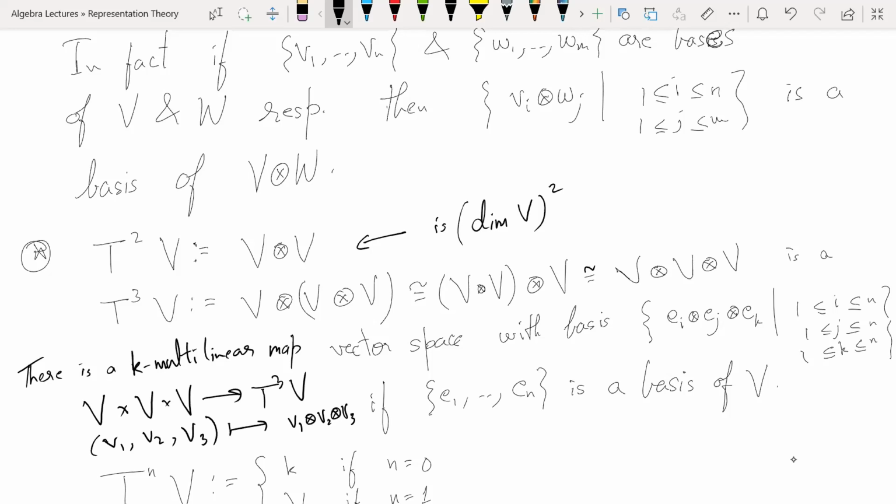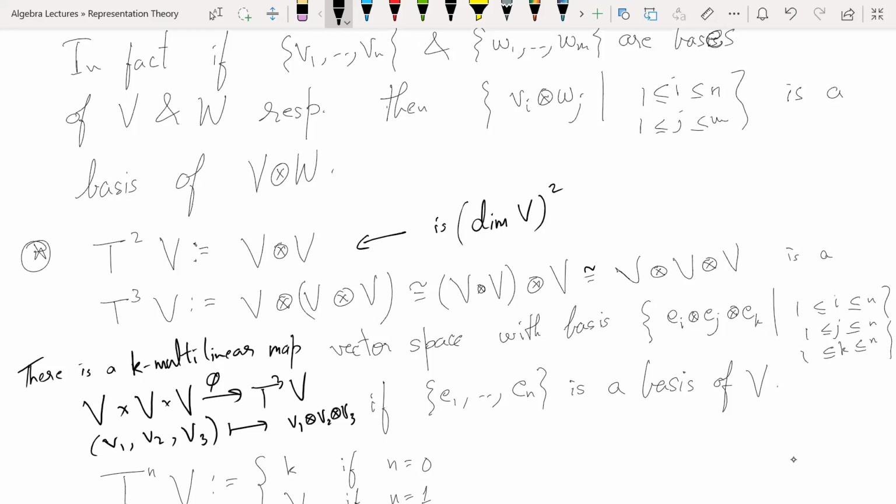Of course, every element in T3 V doesn't look like the image of this trilinear map; it's sums of these. And this is fairly easy to understand, right? Because what is the dimension of the left-hand side?